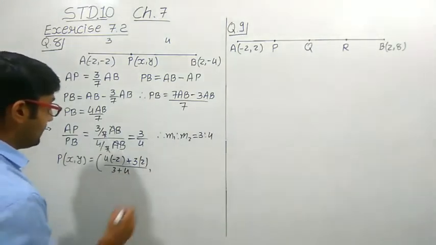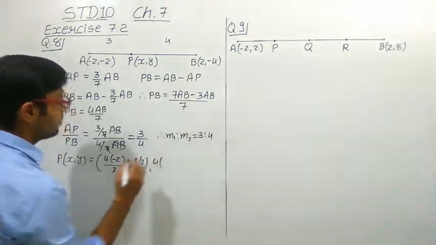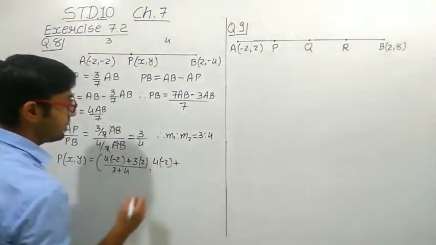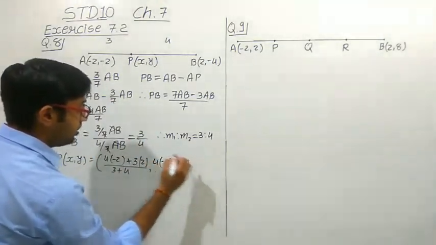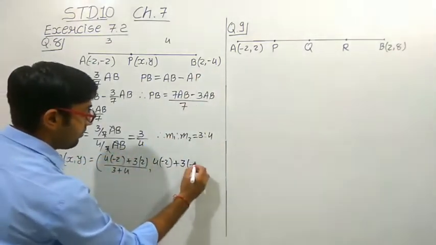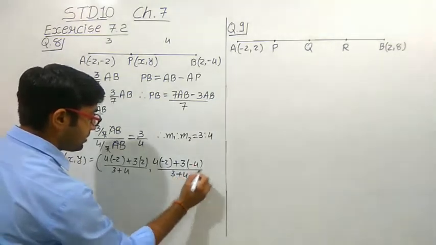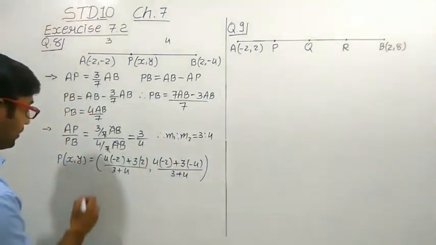Now for the y coordinate, m2 into y1, y1 is also 2, plus m1 into y2, y2 is -4, upon m1 plus m2, 3 plus 4. So now it will be easy to calculate.